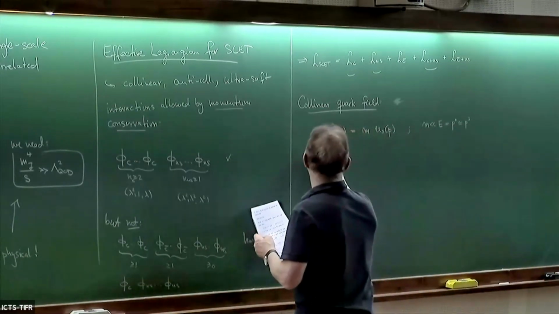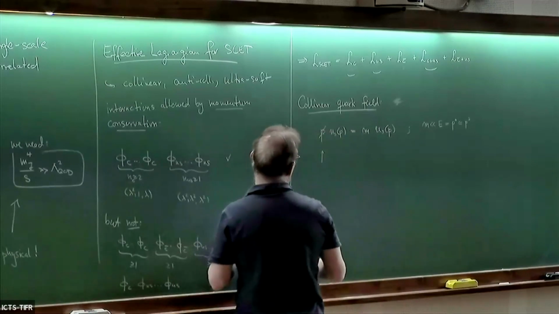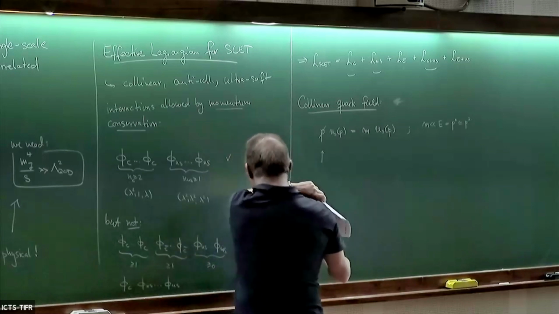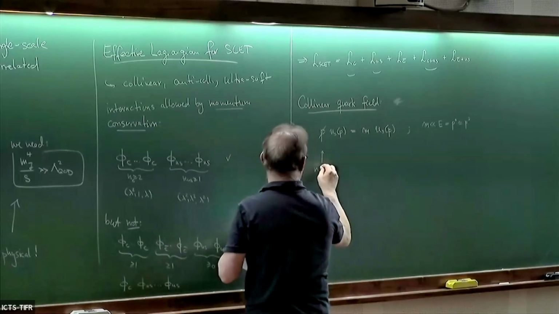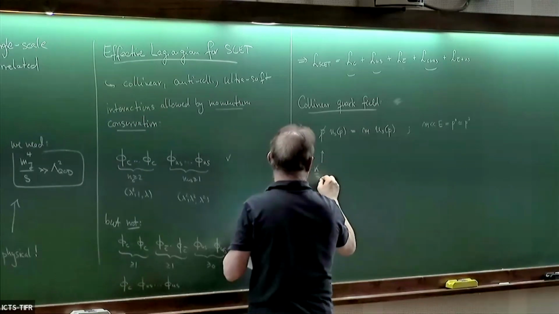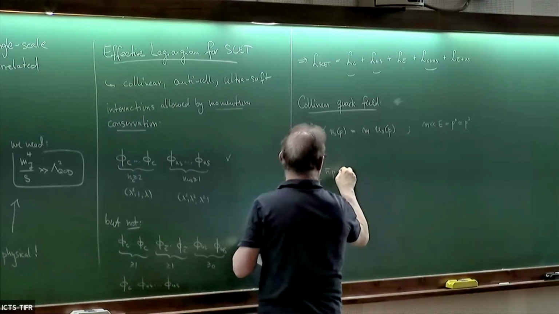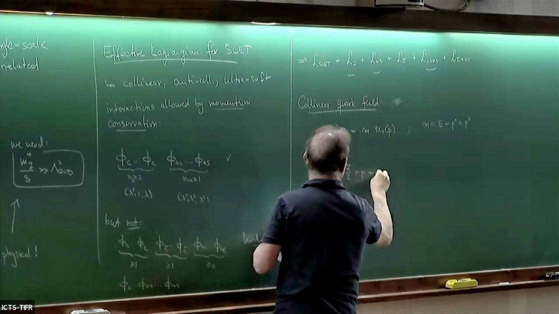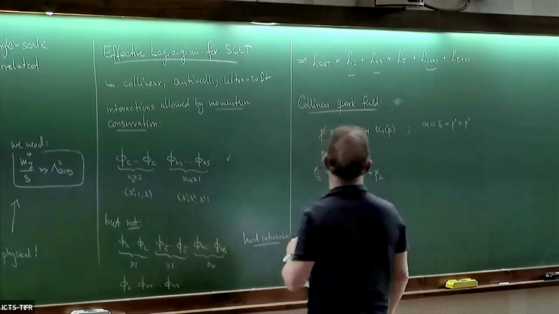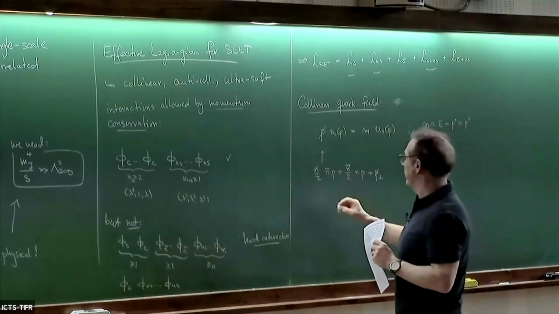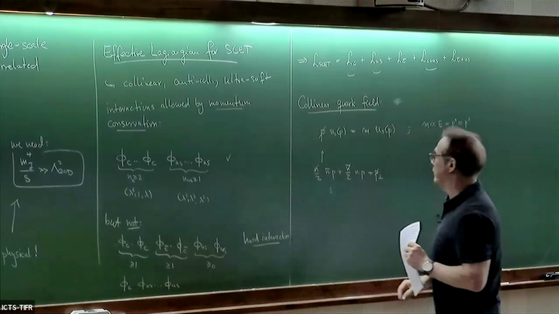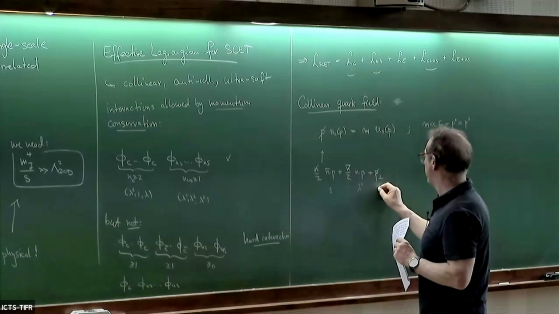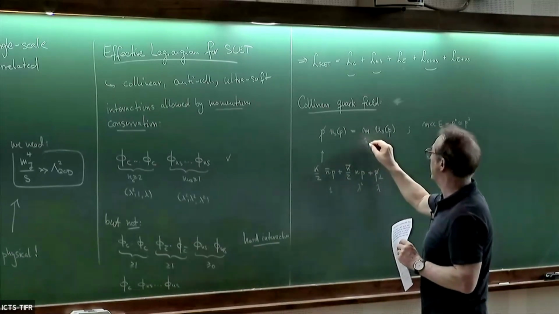And if you remember how we decomposed the momentum, if I insert the light cone decomposition of P mu, I find that this is n slash over 2 times n bar dot P plus n bar slash over 2 times n dot P plus P perp slash. And this counts like order 1, this counts like order lambda square, this counts like order lambda, and the mass term also counts like order lambda.